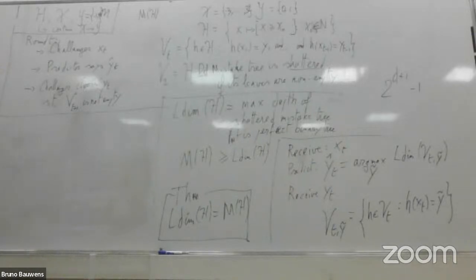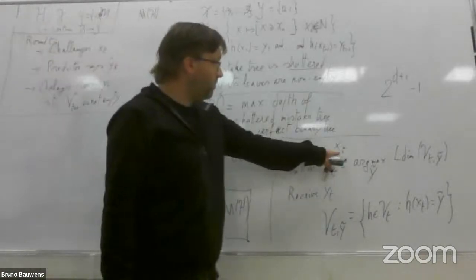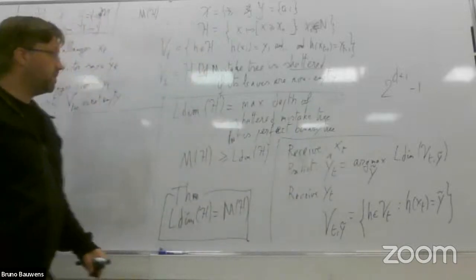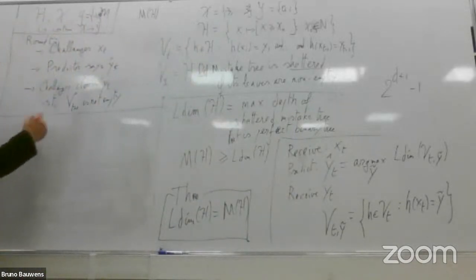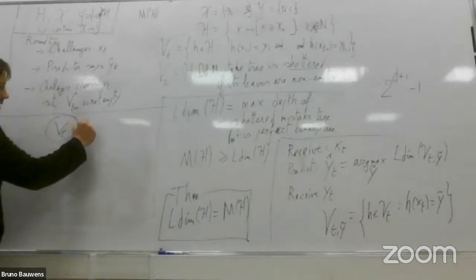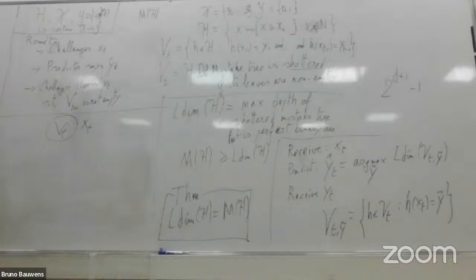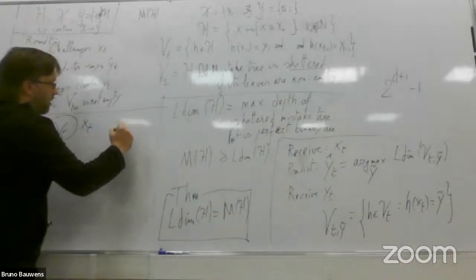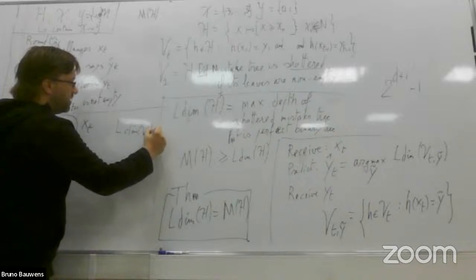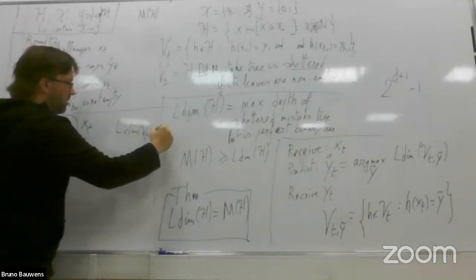And before I prove this, let us look at the input that we receive from challenger. At a given moment, we have the version space at time t, and we look at input xt. Let us say that the Littlestone dimension of this version space is some value m.